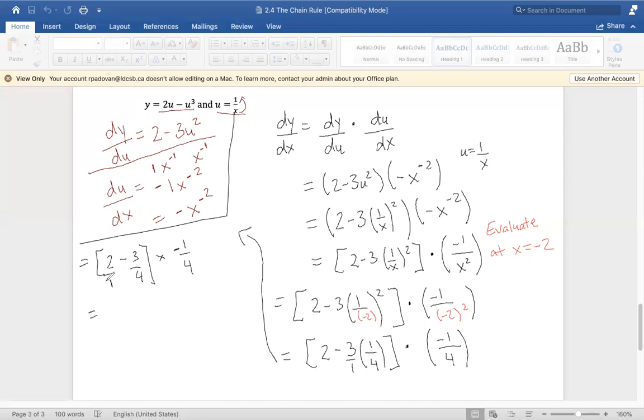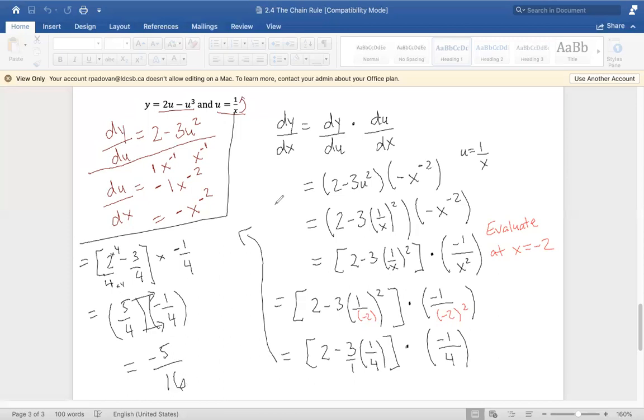This ends up being a 4. So for 1 times 4, multiply the top times 4, I would get 8. So 8 take away 3 would be 5. So I would have 5 over 4 multiplied by the -1/4. Then I can just multiply across the top and across the bottom. So I have -5 over 4 times 4, which is 16.